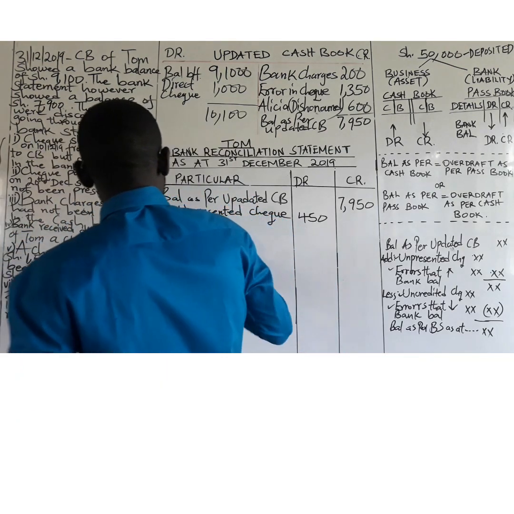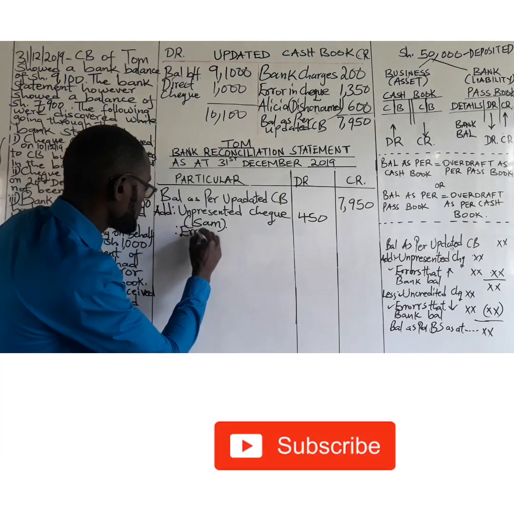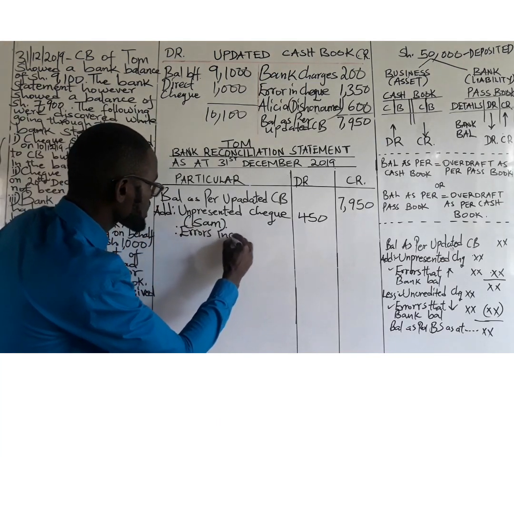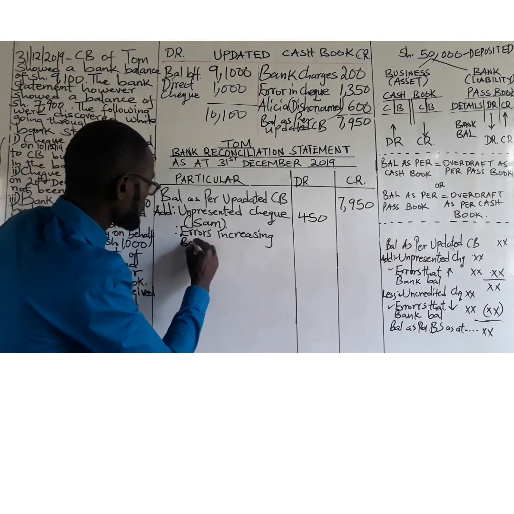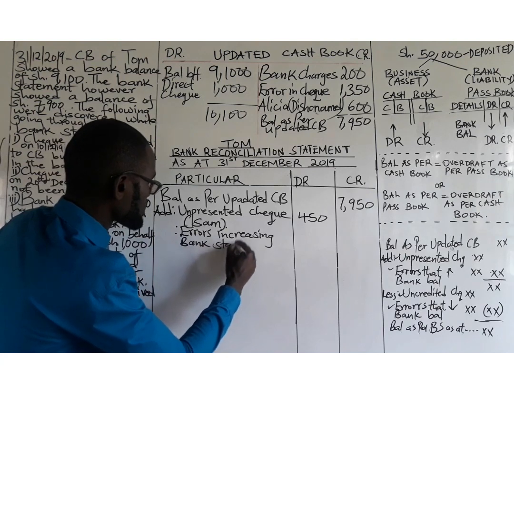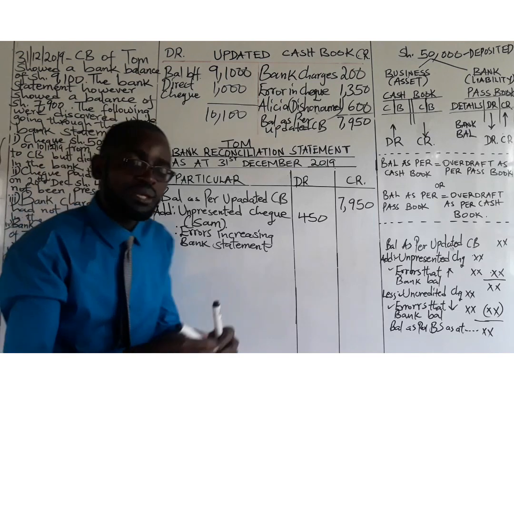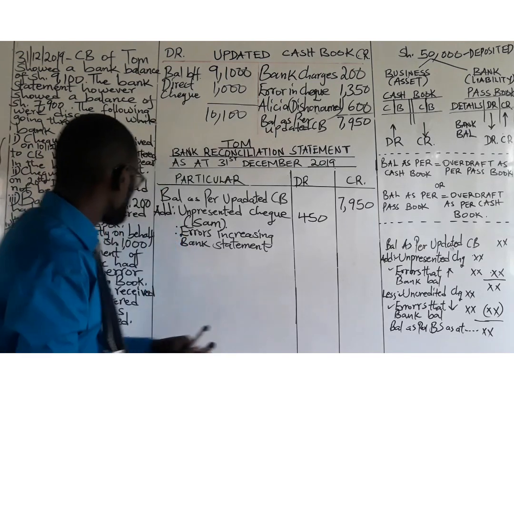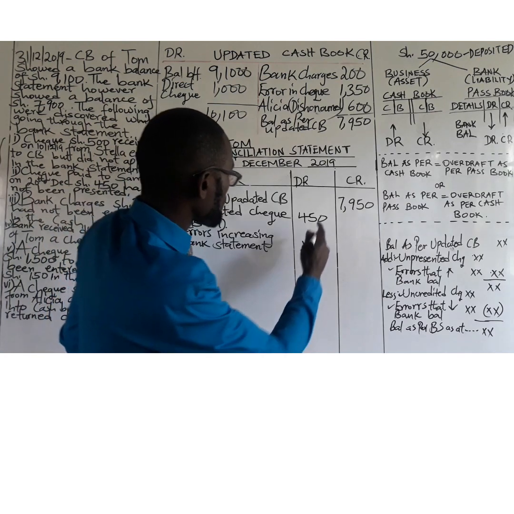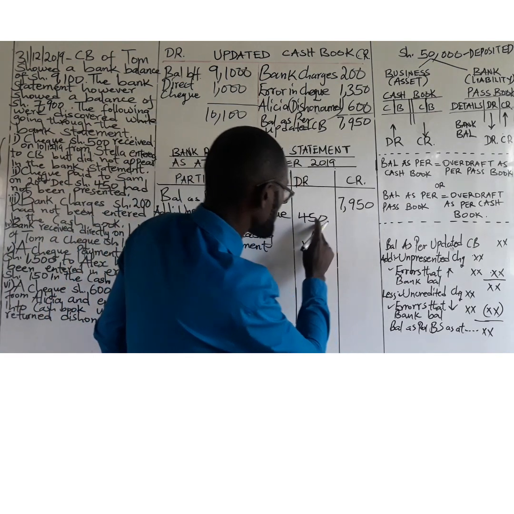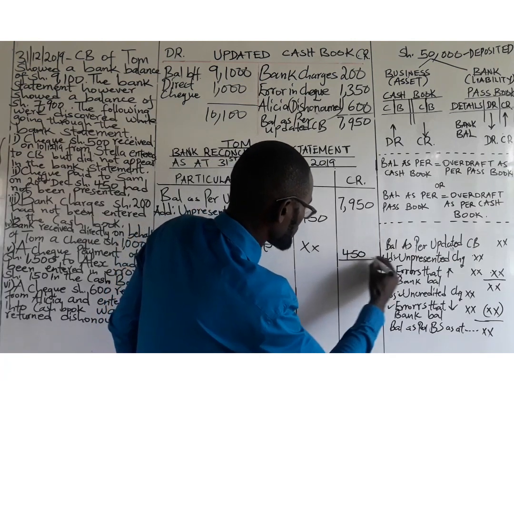And we also are supposed to add any errors increasing the bank statement. Errors that increase the bank statement could be due to maybe overstatement. In this case, we don't have overstatement, so that one should be nil. Now, when you add this one plus this one, it is supposed to be 50 shillings.